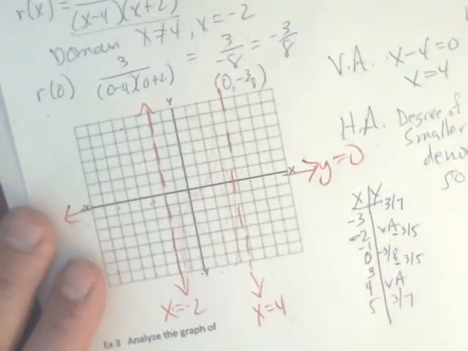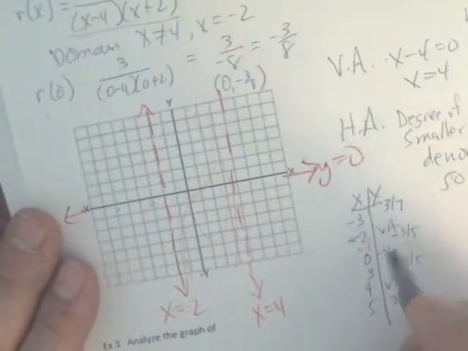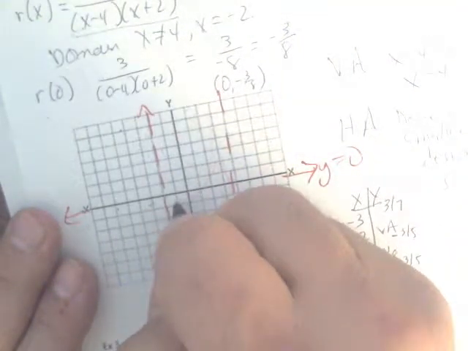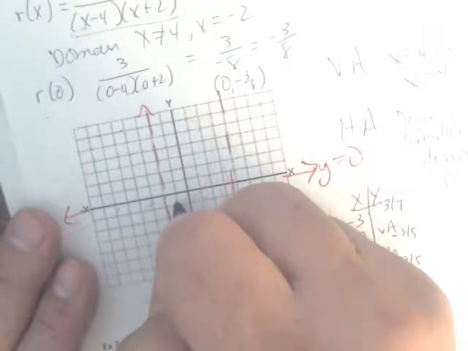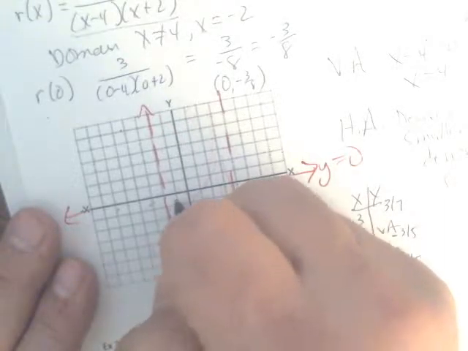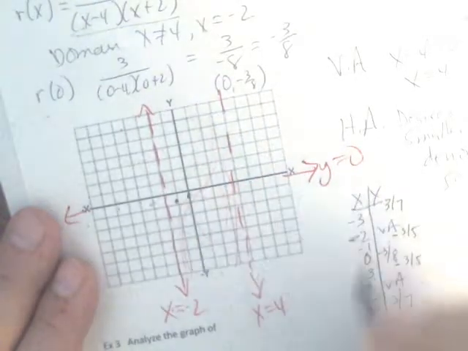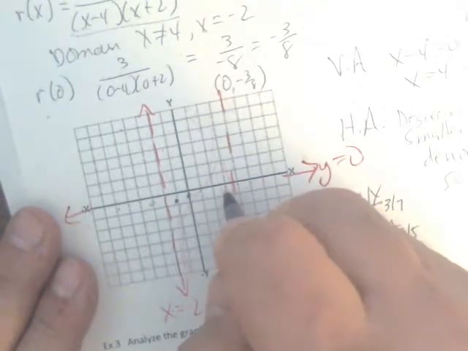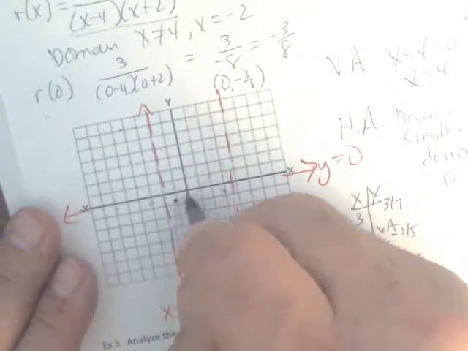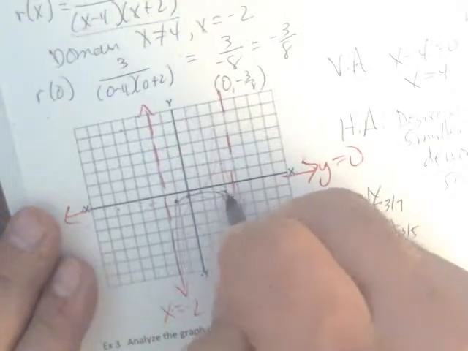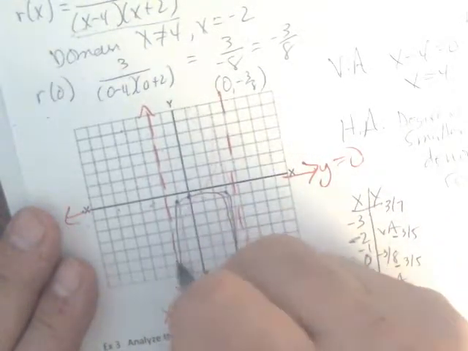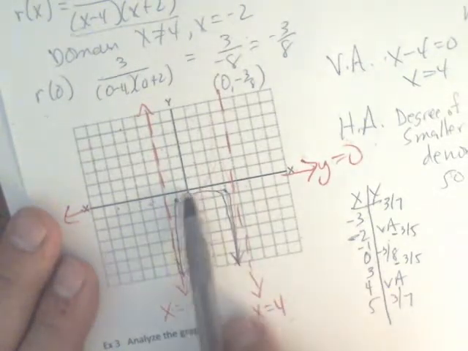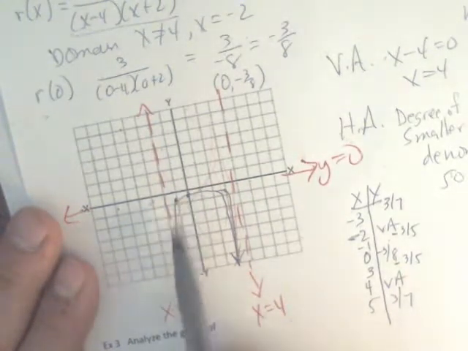So to graph this, when I look at x is -1, I get -3/5, which is a little over half. X is 0, it's going to be a little smaller than that. But then again, when x is 3, I get -3/5 again. So I know that this graph is going to be some sort of a U shape in here, just because all the points are smaller than 0.